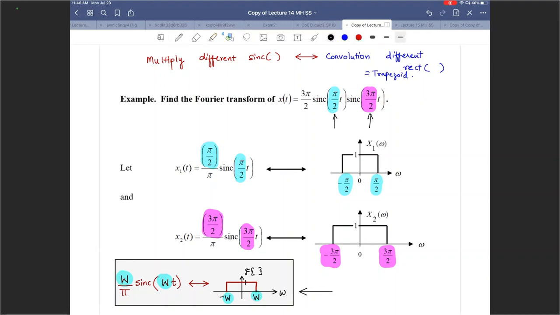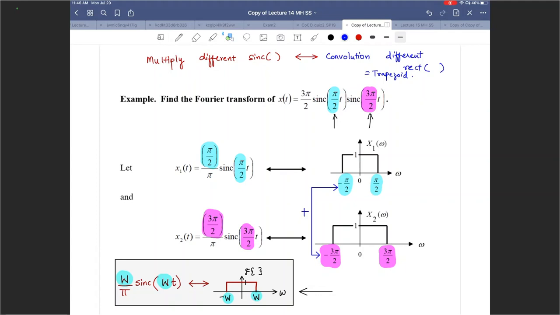So try to do addition of these two. When you add the lower limits, what do you get? Negative 3 pi over 2, negative pi over 2. So when you add those two up, you get negative 2 pi.